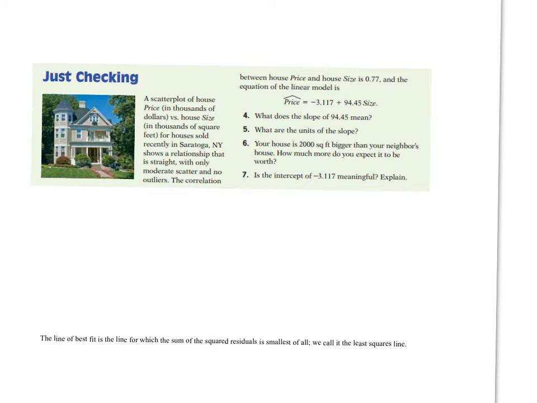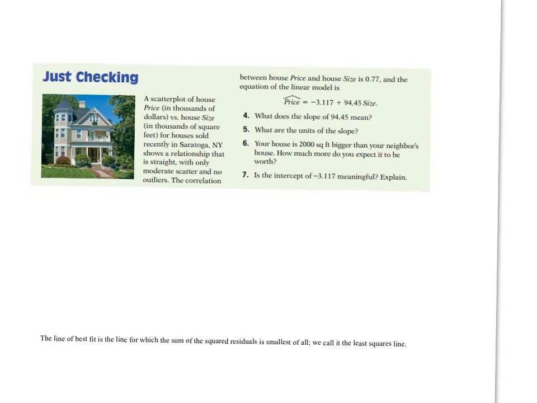The correlation between house price and house size is 0.77, so it's pretty strong. And the equation of the linear model is price equals all that. What does the slope of 94.45 mean? I want you to try each of these, especially number 5. I think you guys can interpret on your own, but again, I'll have the answers up in a second.